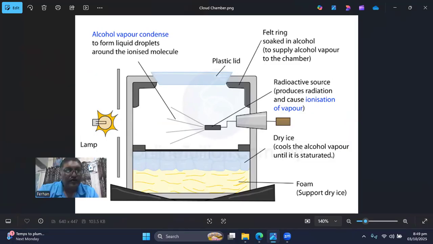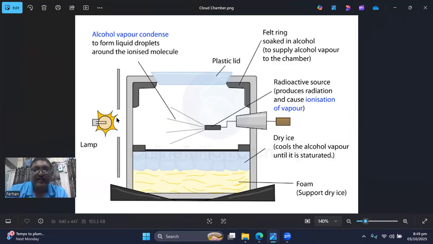Okay. So here we have, this is a transparent box. And at the bottom, we have put foam, and here we have put dry ice. Dry ice is used to cool it down, to decrease the temperature. Here on the top, I have put some kind of carpet, or you can say some kind of sheet, which is of black color to make the background black.